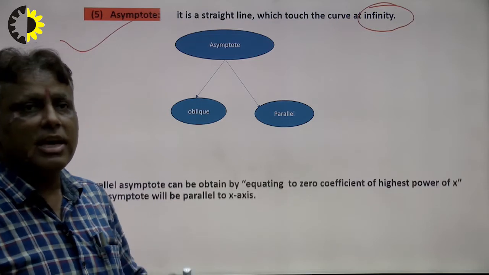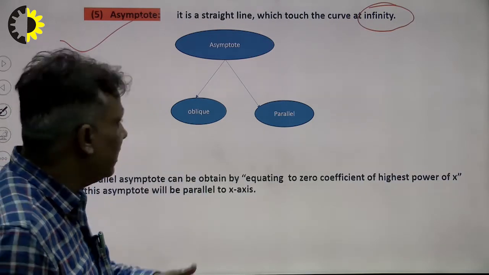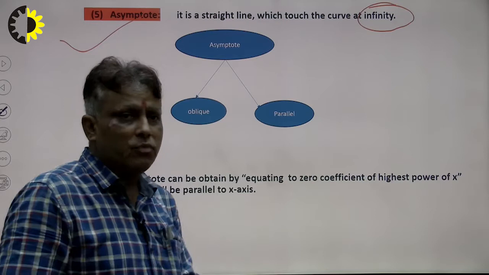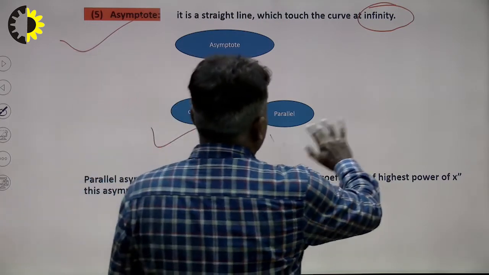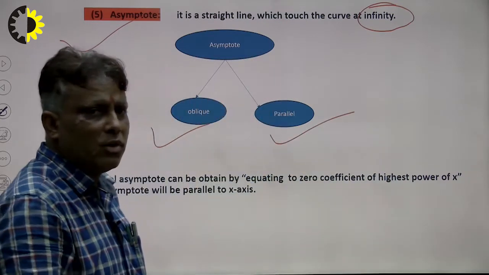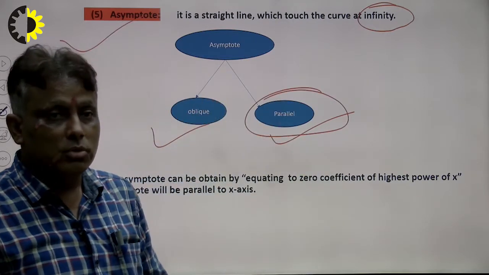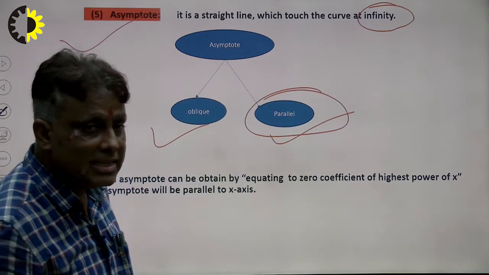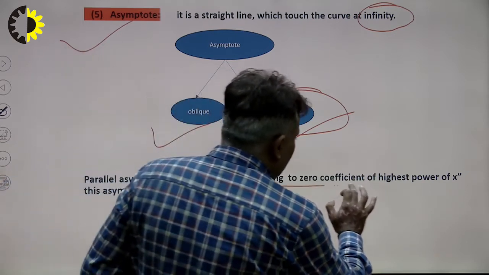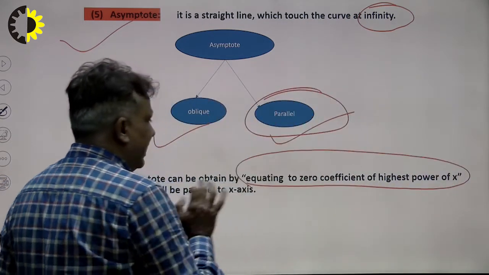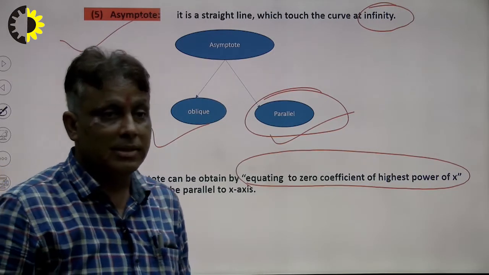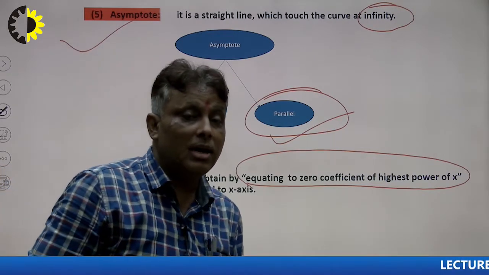In this way we will explain the numerical problem. Asymptotes are of two types: first is oblique and second is parallel. First of all I discuss the parallel asymptote, which is easy to calculate in the curve. How to calculate? The method is equating to 0 the coefficient of the highest power of y. That is the method to calculate oblique and parallel asymptotes.